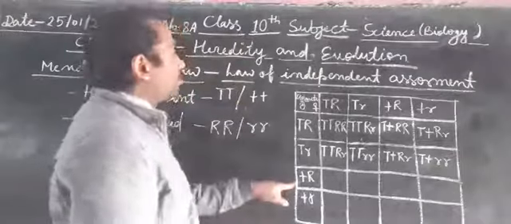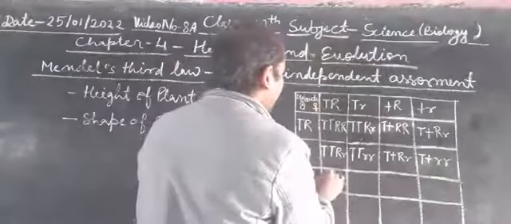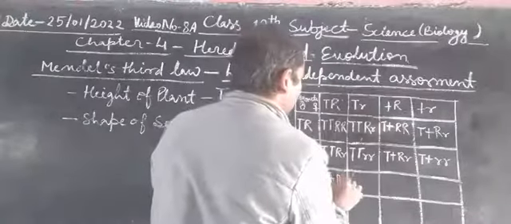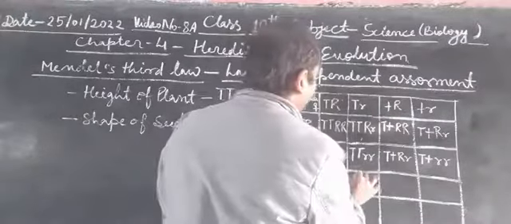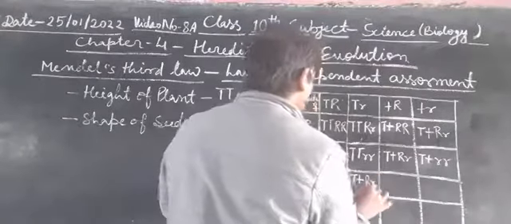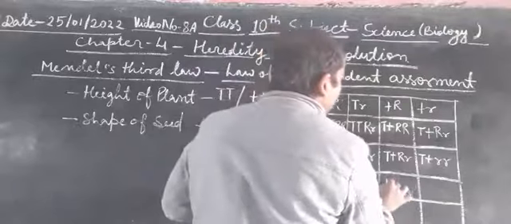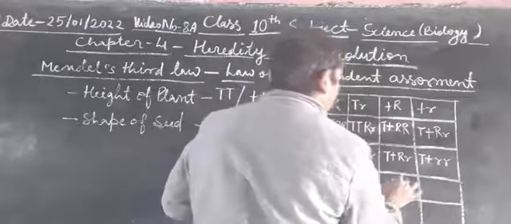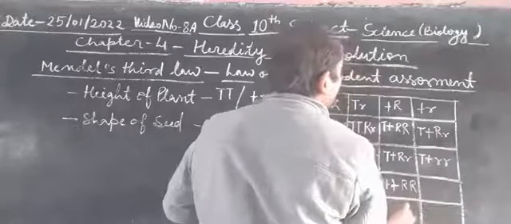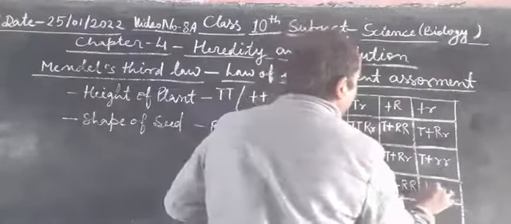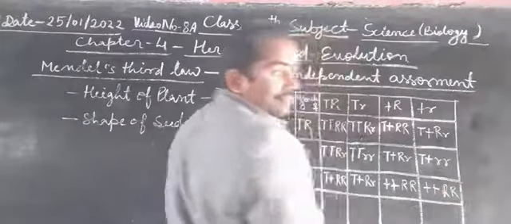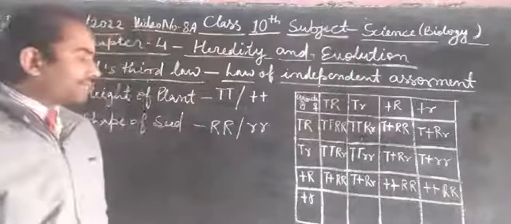Okay. Now, capital T, small t, capital R, capital T, small t, capital R, small t, capital R, small t, capital R. Okay.